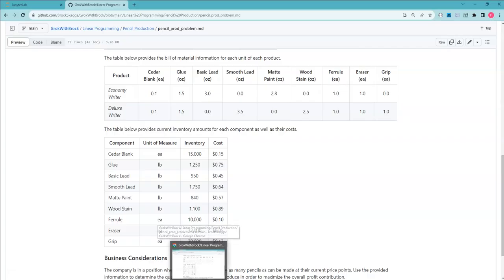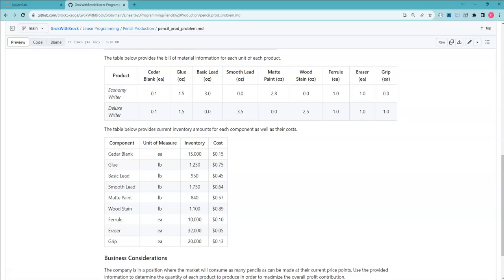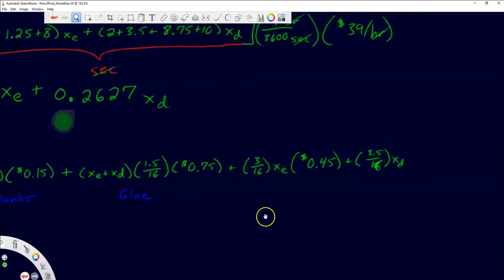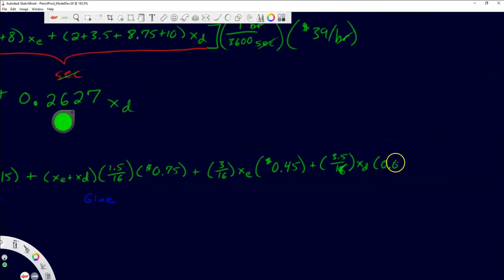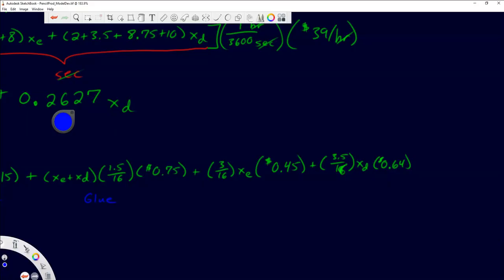The smooth lead is 3.5 and only used for the deluxe. That is a 6. And the smooth lead costs 64 cents. This is the basic and the smooth lead.